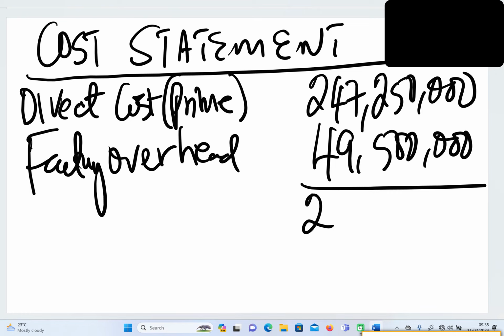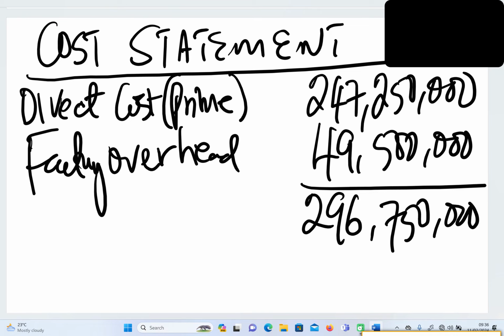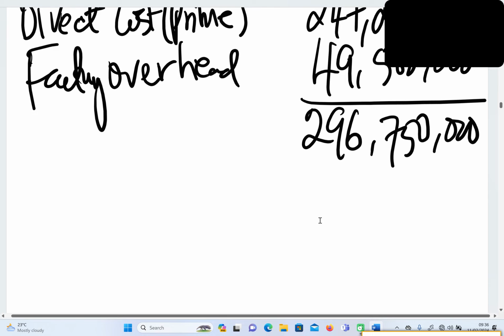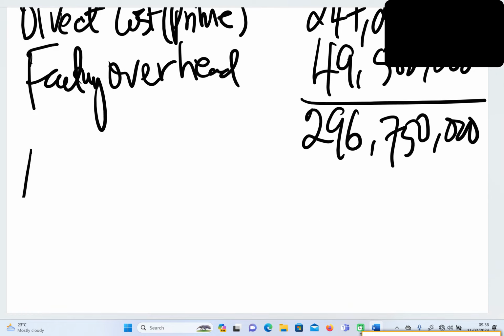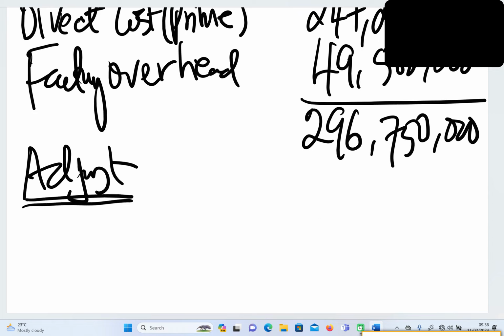Unapata 1,296,750. Sawa. Sasa hizo ni factory overheads. Kuna kipengele cha adjustment, tunaita adjust. Unatafuta opening WIP. Ilikuwepo? Sorry, closing WIP.